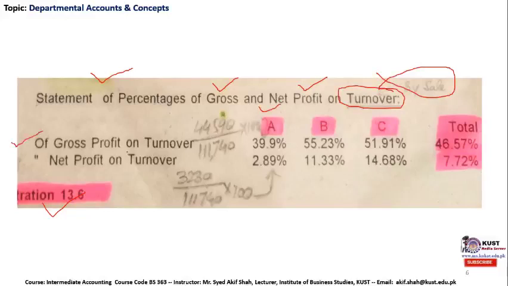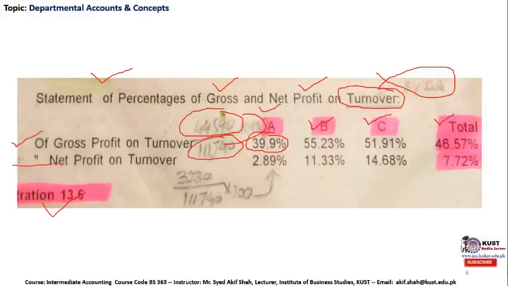Gross profit on turnover was calculated by dividing the gross profit of department A, which was 44,590, by the department's sales volume, which was 111,740, and then multiplying by 100, and it gives us 39.9%. This is the way we have calculated the gross profit percentage for department B and department C as well. And then finally we have also calculated the gross profit on turnover for the total column.